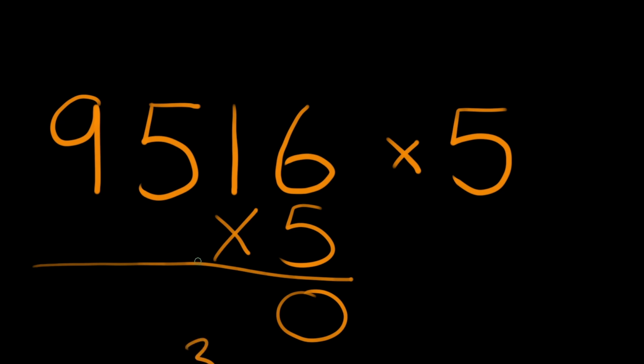There. Do you put your 3 up there? Some people put it up there and some people put it over there. And then they say 5 times 1, which is 5, and then they add this 3 to it to get an 8. And there's nothing to write down there this time. And then 5 times 5, which is 25. So we'll put the 5 there, and we have to put a little 2 down here.